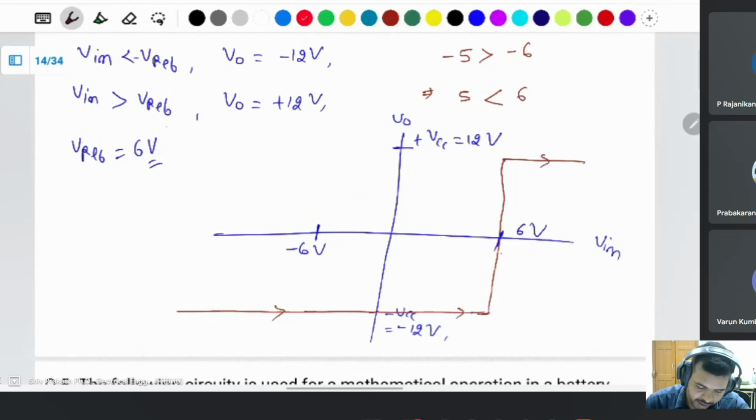If you take another one, if V in is greater than V reference, then it will be the same thing. If it comes from a higher to lower voltage, then what happens? It will change when it goes below the minus V reference. That time it will be negative VCC.